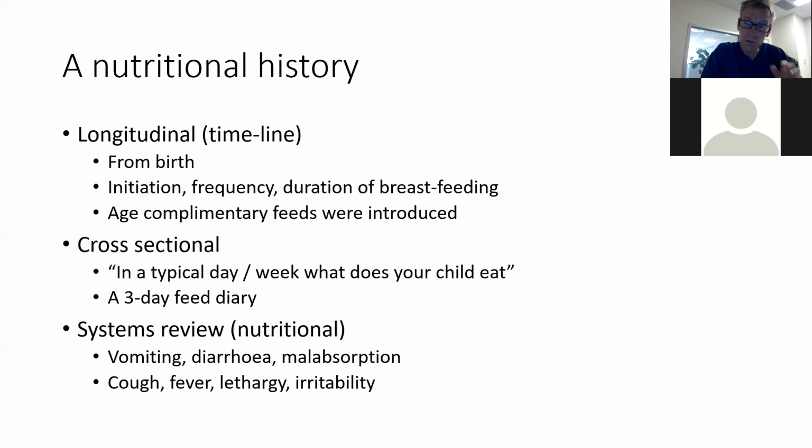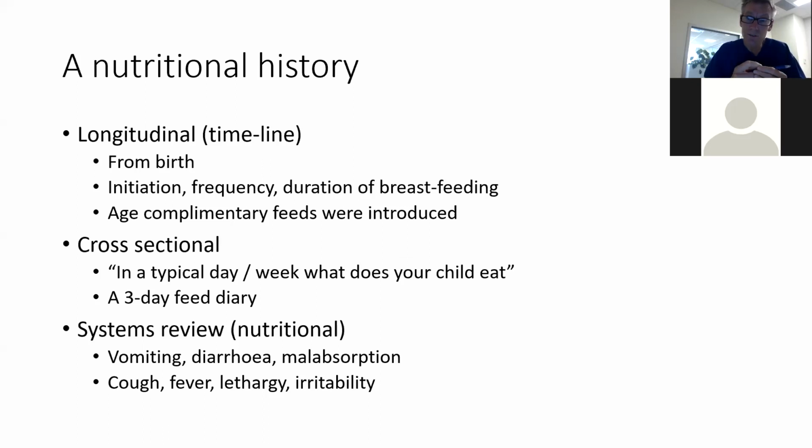And so you should always take a history from the time of birth. And so to find out what was happening around the time of birth, whether the baby was well at the time of birth or unwell, whether the baby had any signs of birth asphyxia, which might lead to poor attachment or poor sucking, or whether the baby was preterm, which might result in the same things.